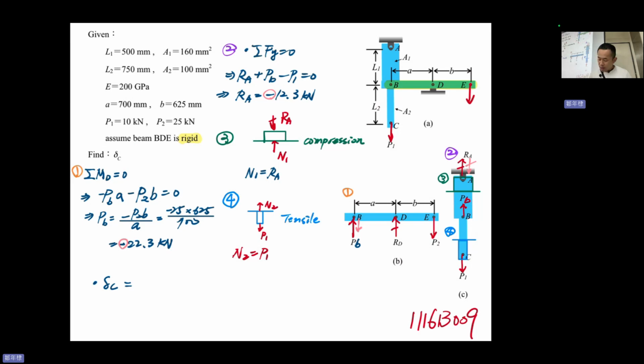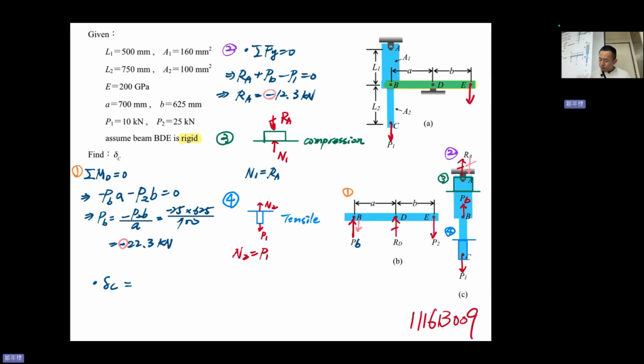So component 2 has the opposite direction but the same value force PB, which is upward, and then you can determine the reaction force in the second component.